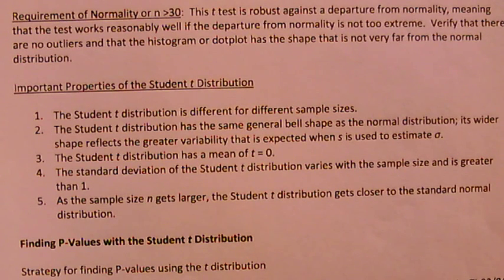Number 4, the standard deviation of your student t-distribution varies with the sample size and is greater than 1, as opposed to the normal distribution where your standard deviation is 1. And as your sample size gets bigger and bigger, your student t-distribution gets closer to the standard normal distribution.